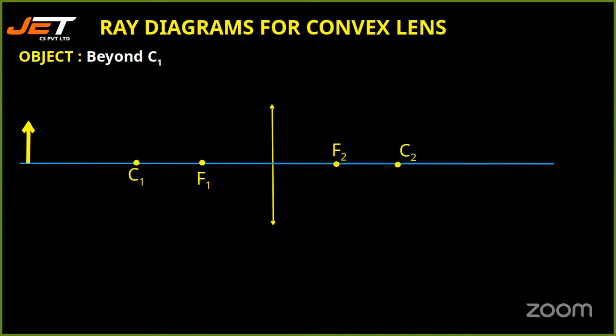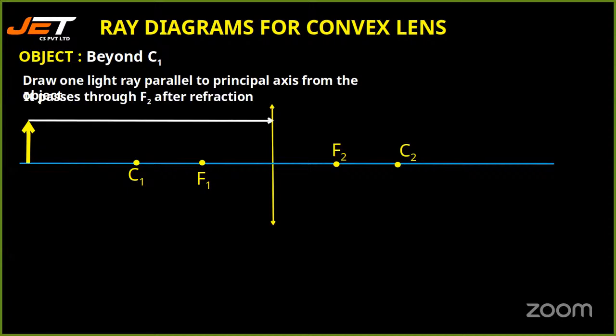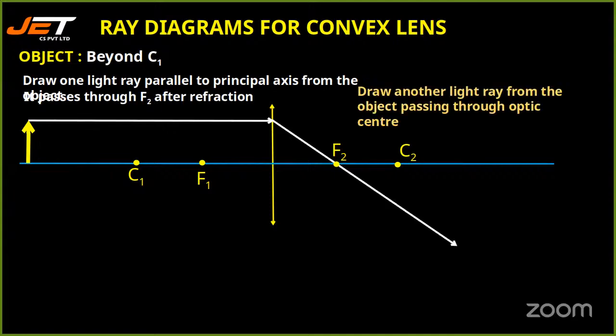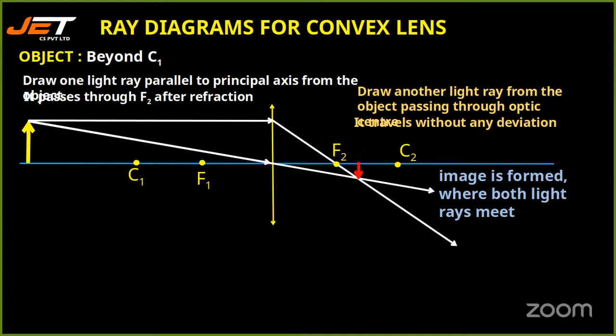If the object is beyond C1, the light ray from the object parallel to the principal axis passes through F2 after refraction. Another light ray from the object passing through the optic center will be undeviated, and the image will be formed beyond focus point F2, where both light rays meet.